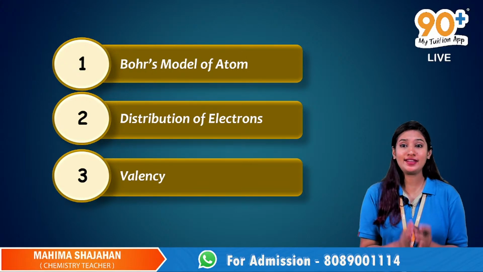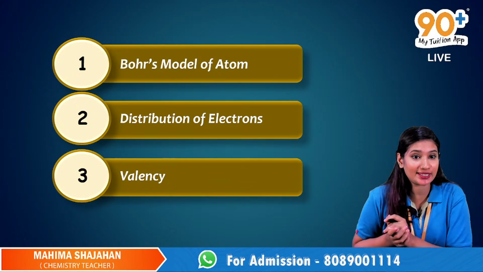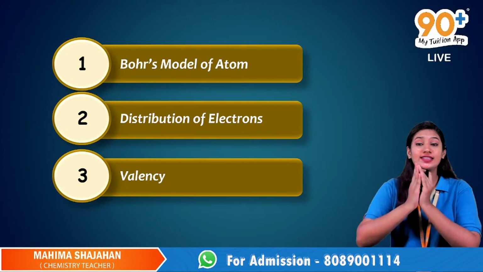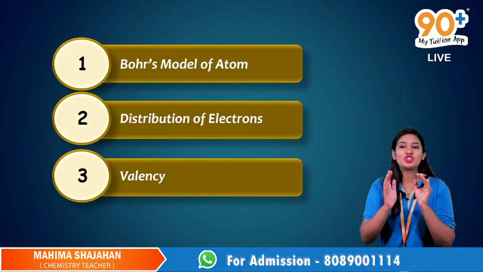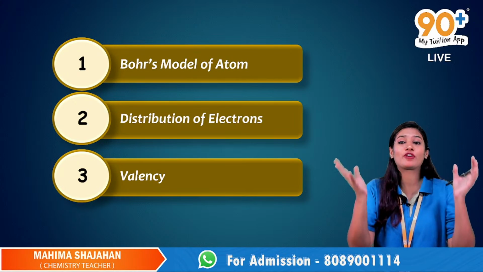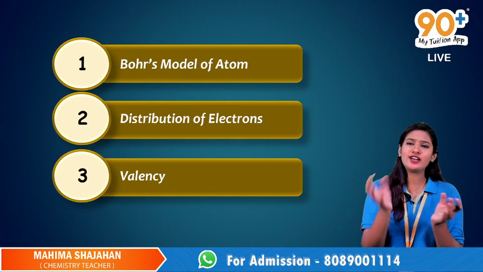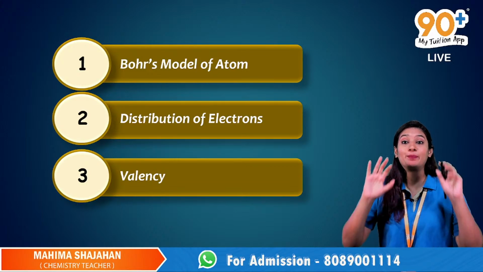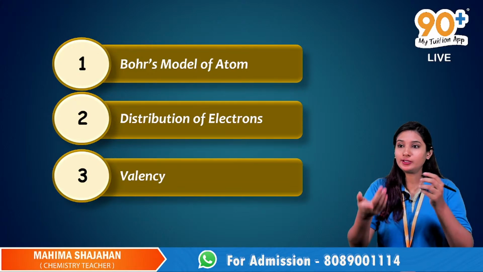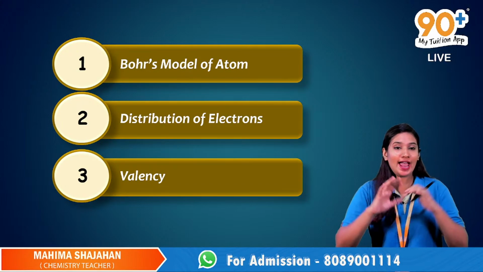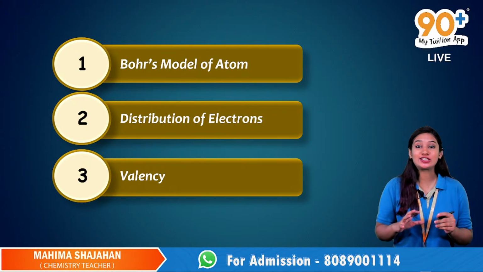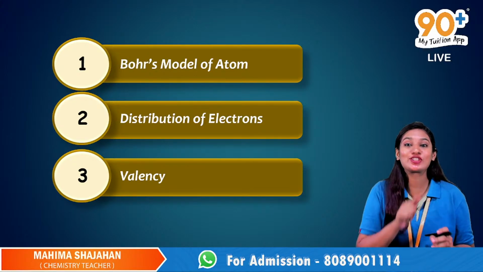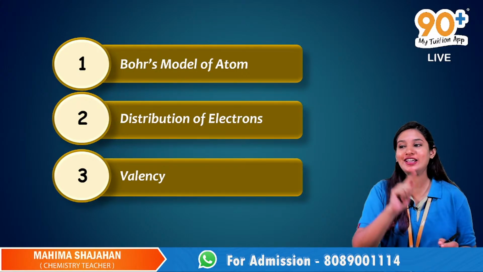He proved that there is a nucleus inside an atom, and he said that the size of the nucleus is much smaller than that of the atom. And the positive charge is found inside this nucleus, and electrons are revolving around it.